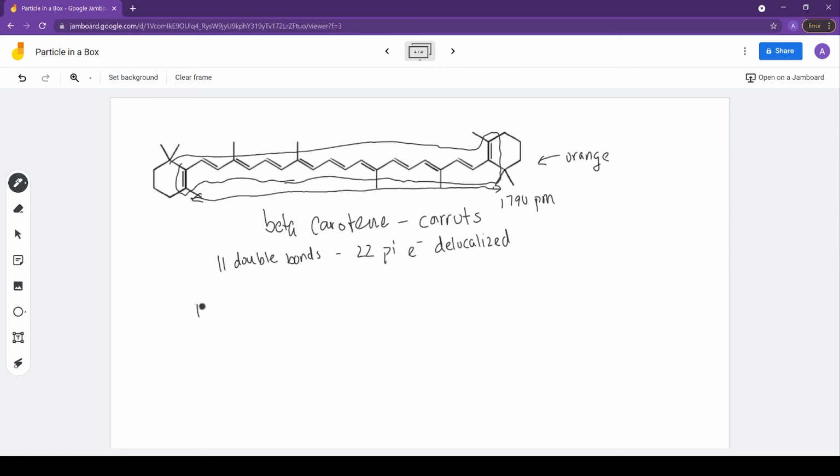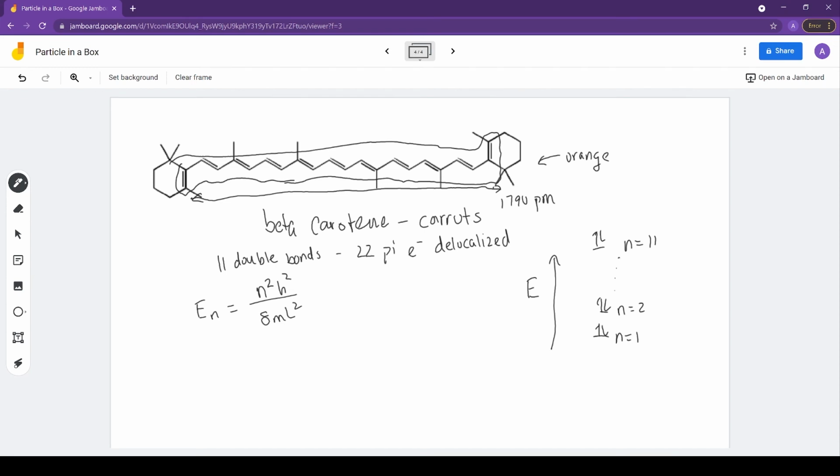We also know that the energy levels these electrons can fill are given by n squared h squared over 8 m L squared. If we sketch an energy diagram, we start out with n equals 1, n equals 2, and we'll end at n equals 11, because each of these molecular orbitals can hold 2 electrons, and we have 22 pi electrons in total.